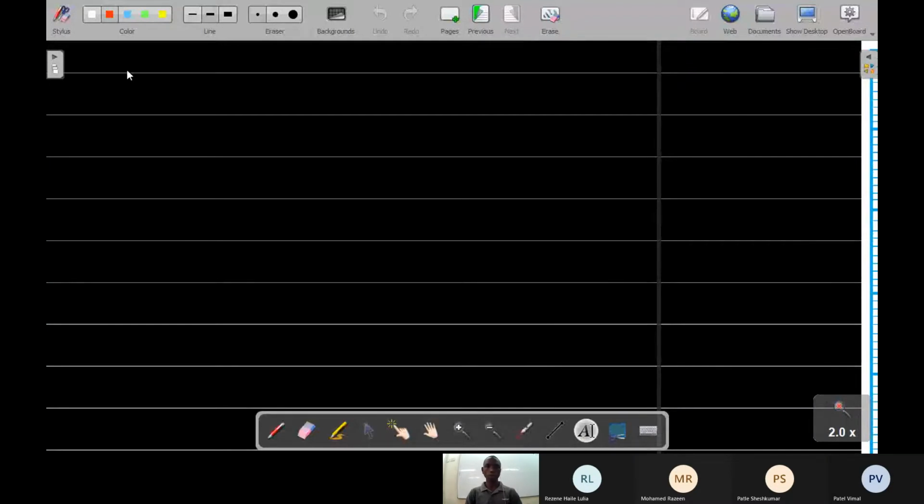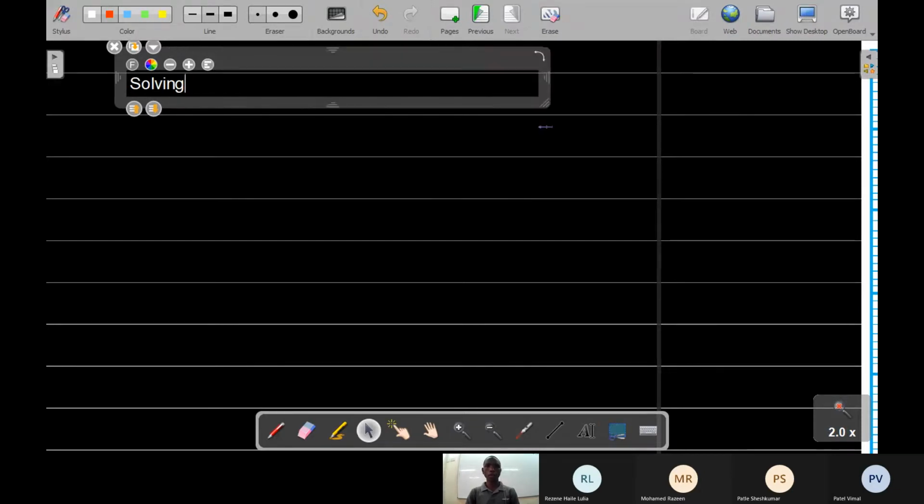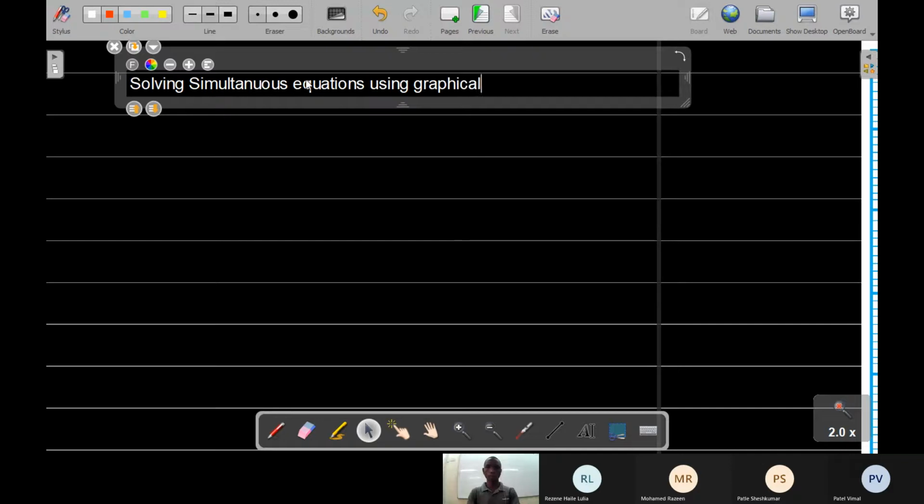So now, in your books, let us just get like this. That is solving simultaneous equations using the graphical method. In the graphical part we are going to look at both lines, that is simultaneous equations, and then quadratic equations.